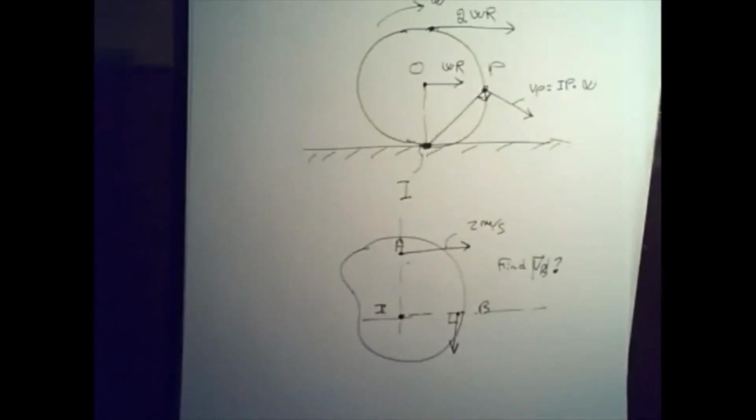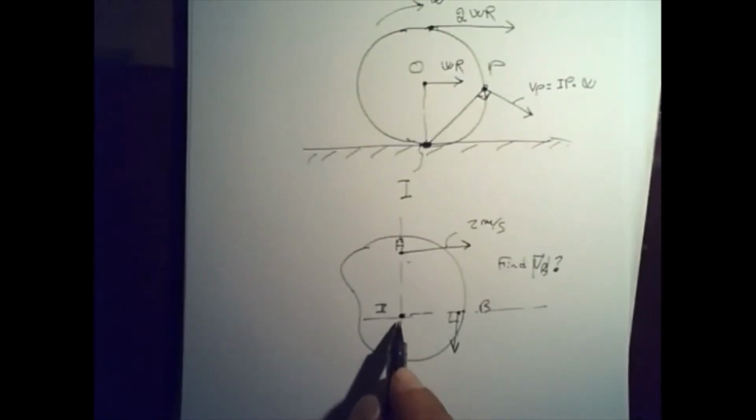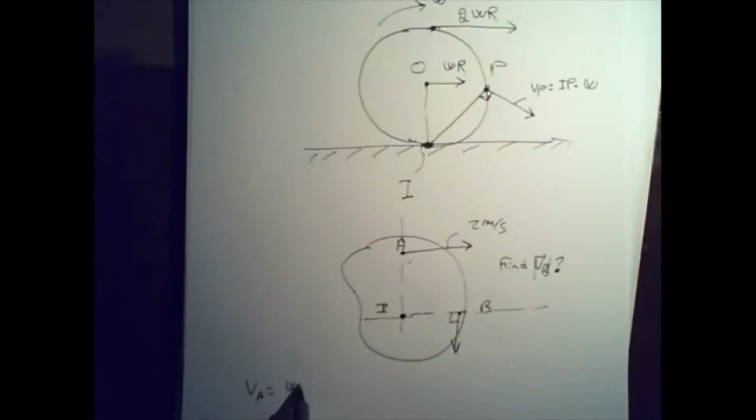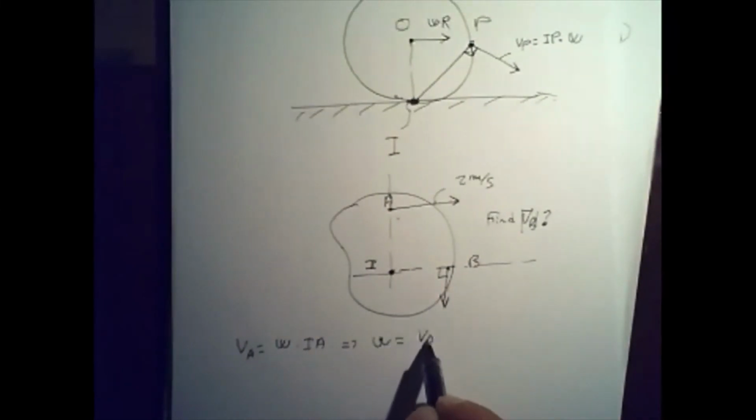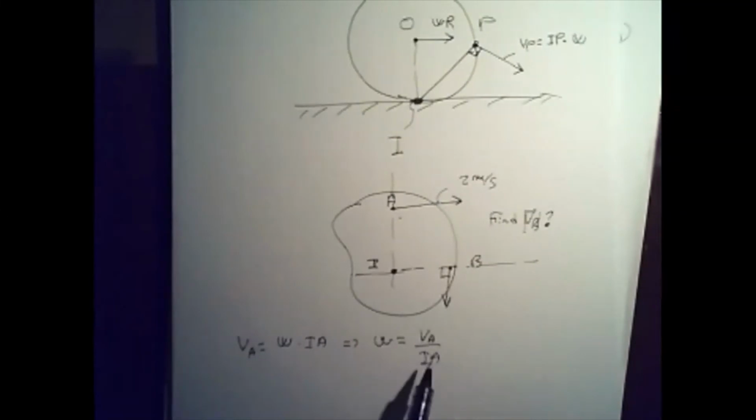We apply the formula on point A. Bravo, exactly. What I know is VI has 0 velocity, then VA is going to be equal to omega times IA, right? So omega is going to be equal to VA over IA. I need to give you IA, right? If I don't give it to you, just measure it.